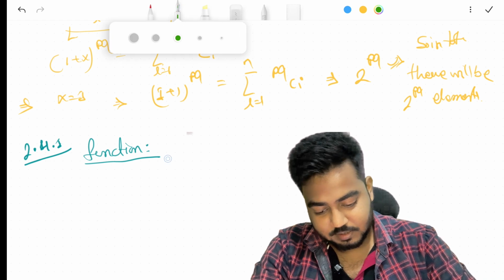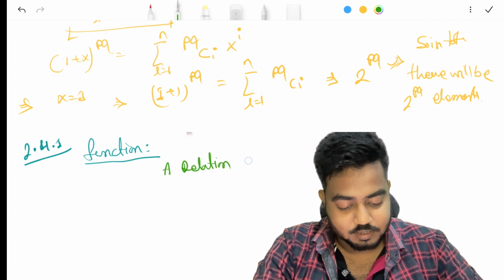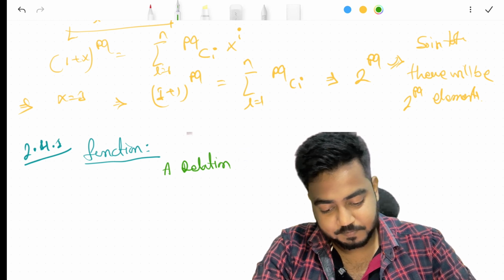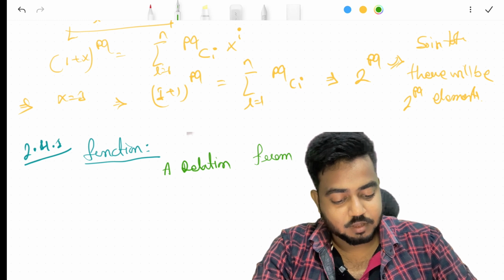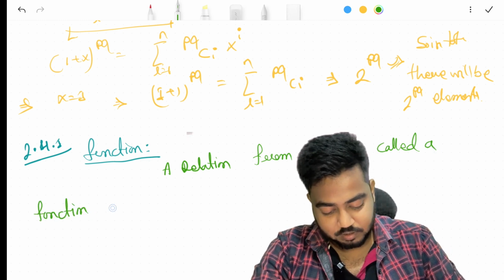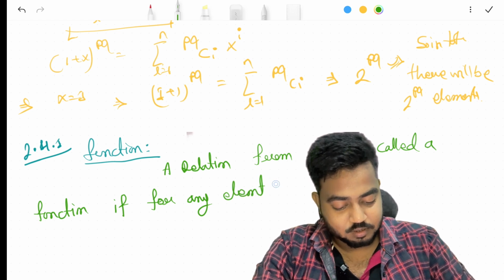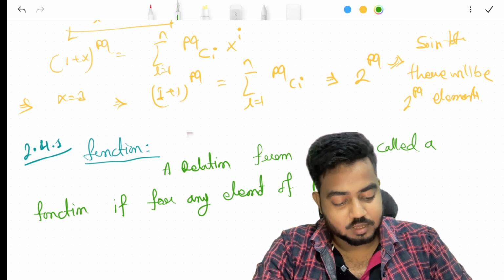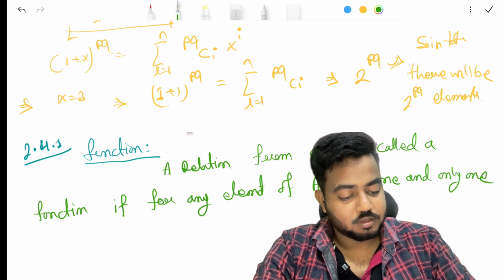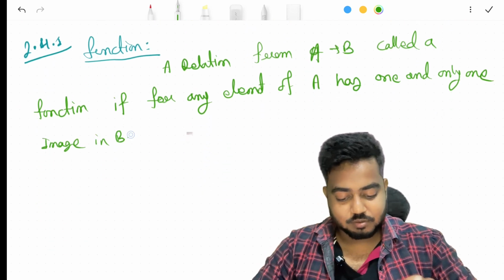A relation from A to B is called a function if for any element of A, it has one and only one image in B. So this is a big thing.